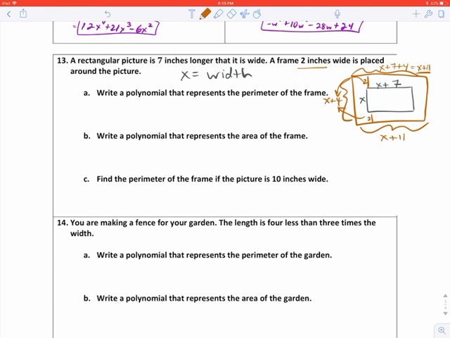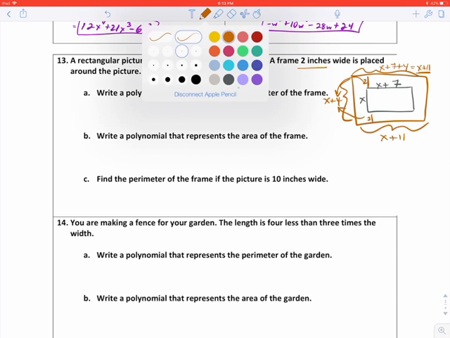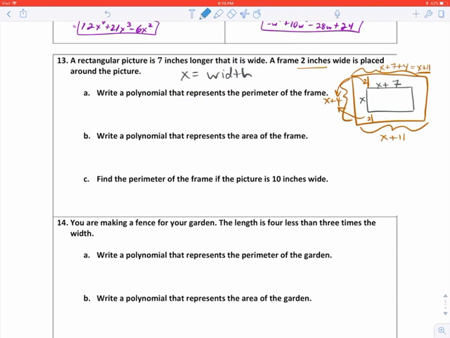Alright, now I need to write a polynomial that represents the perimeter of the frame. So hopefully we'll remember how to find the perimeter of a rectangle. Remember, it's 2L plus 2W, and I'm sorry if that looks like an E. 2L plus 2W. Let me factor out the 2.